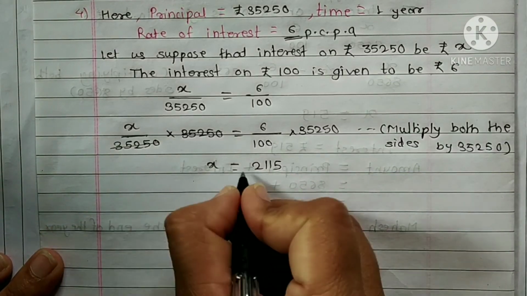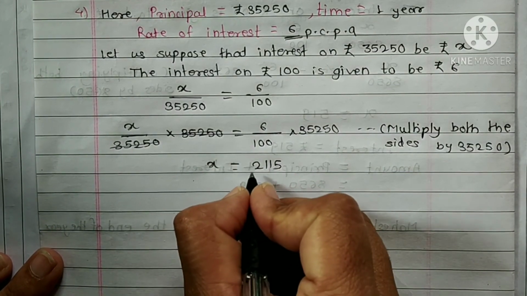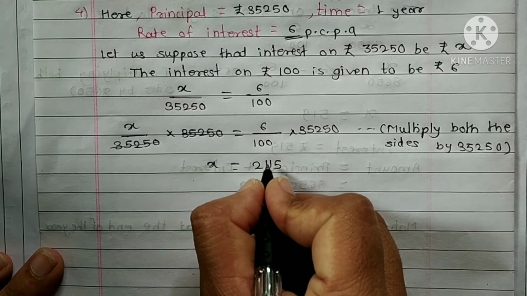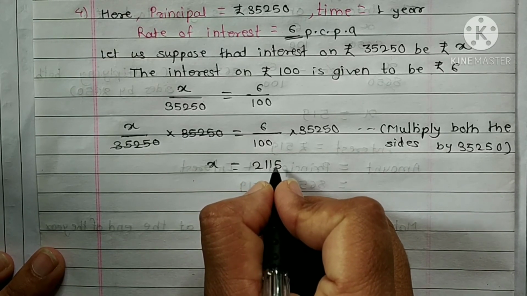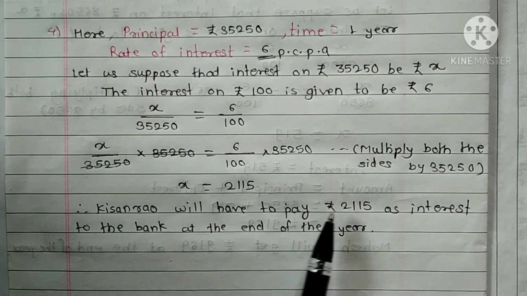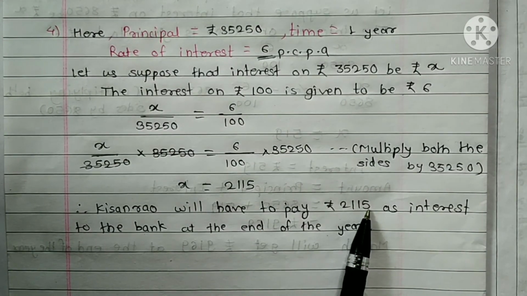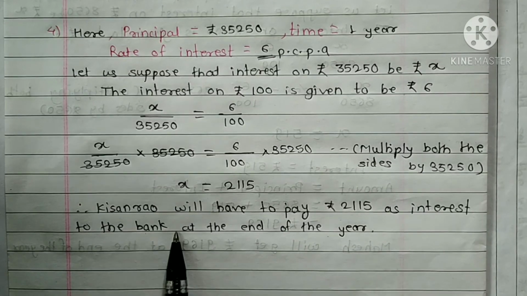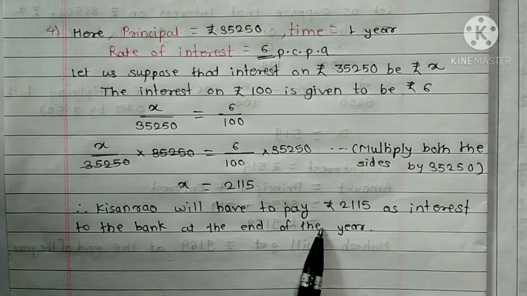That is interest is rupees 2,115. So here write down, therefore Kishan Rao will have to pay rupees 2,115 as interest to the bank at the end of the year.